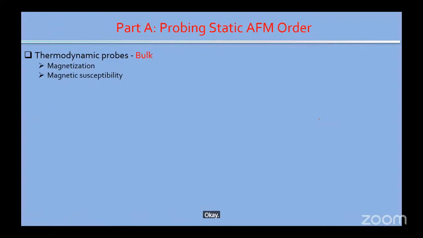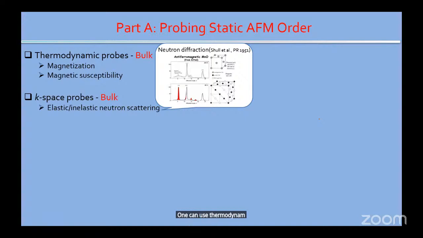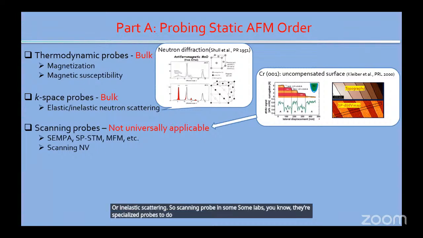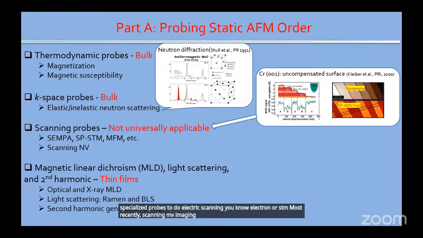Also, in general, to probe static antiferromagnetic order in bulk materials, one can use thermodynamic probes such as magnetization and susceptibility. In k-space, one can go to neutron facilities to do neutron scattering or inelastic scattering. For scanning probes, in some labs there are specialized probes to do electron scanning or STM. Most recently, scanning NV imaging images the local stray magnetic field in a very sensitive fashion.